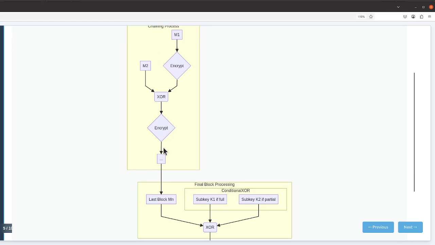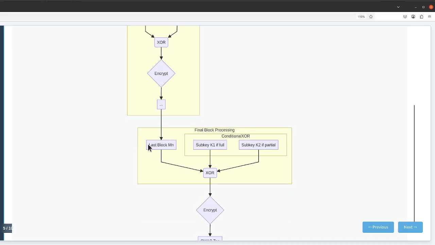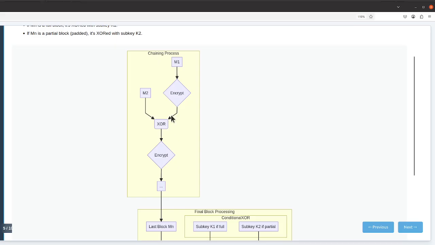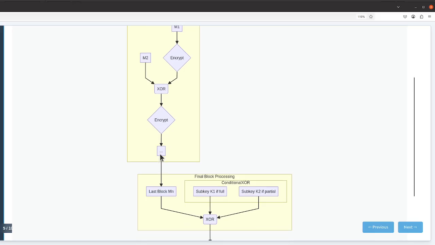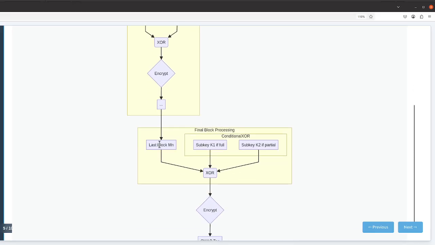The process then begins, operating like CBC-MAC. The first block, M1, is encrypted with the key K. The output of this encryption is then XORed with the second block, M2, and that result is encrypted. This chain reaction continues for all the blocks until we reach the final one.